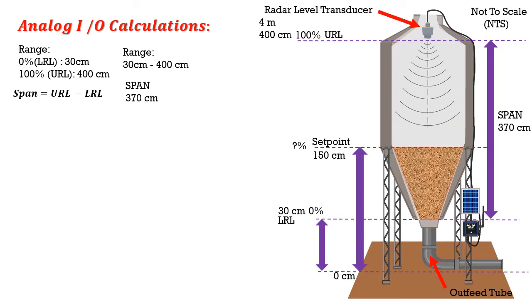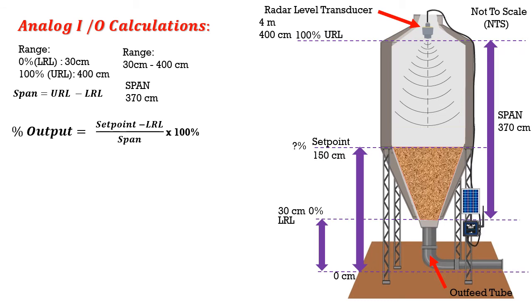Well, we have to calculate what percentage the 150 centimeters is of our silo storage. So for our percent output, we have to take our set point of 150 centimeters and remove the offset of the 30 centimeters of our lower range limit.